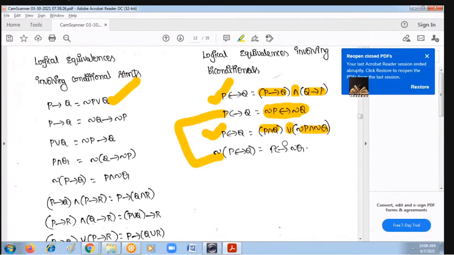Negation of P double tends to Q is equal to P double tends to negation Q. So these are the logical equivalences on biconditional statements.